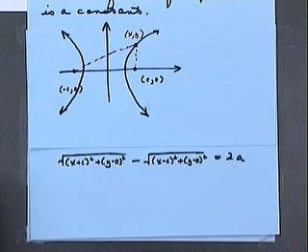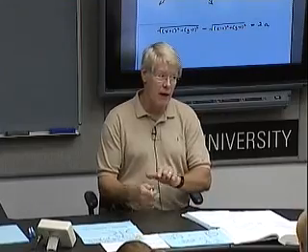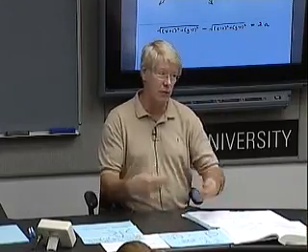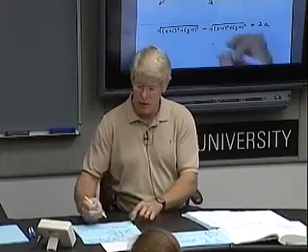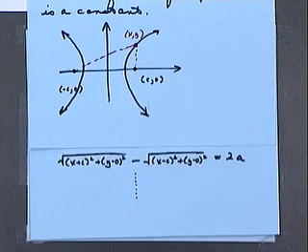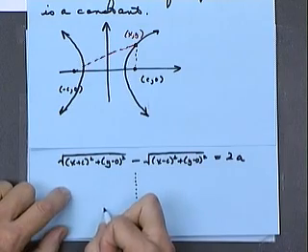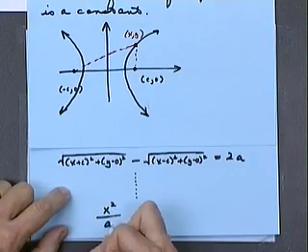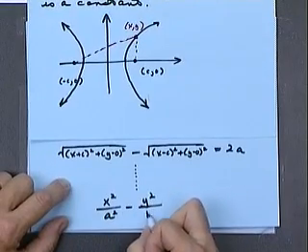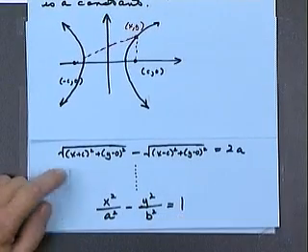Here's where we separated the radicals, squared both sides, simplified, isolated the radical again, squared both sides. We did all that stuff. So the process is very similar. I'm just going to use some dots. That goes quite a bit quicker. And the end result of this would be that.